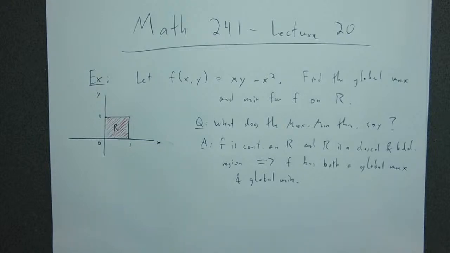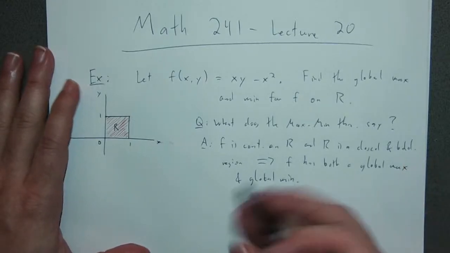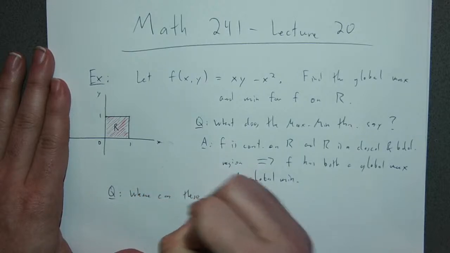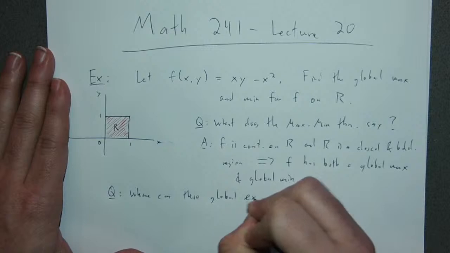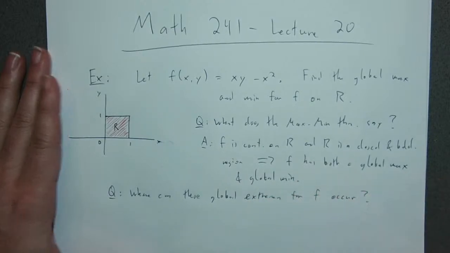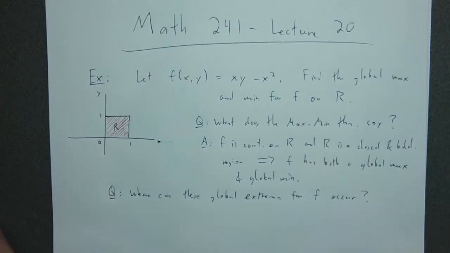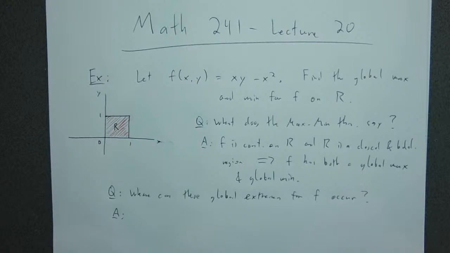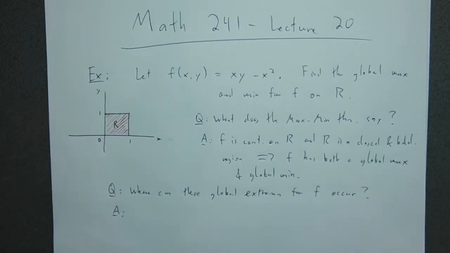Now from what we said last time, where do I look? Second question: where can these global extrema for f occur? Well, there's only two options. They either occur at a critical point in the interior of R, or somewhere on the boundary.